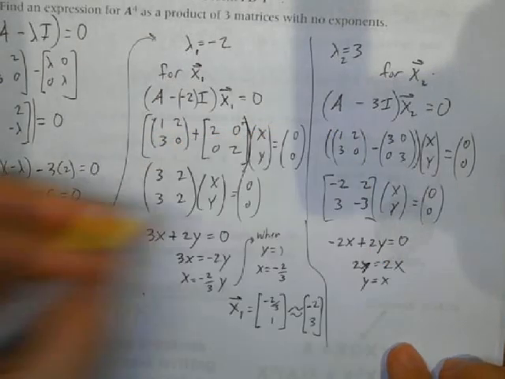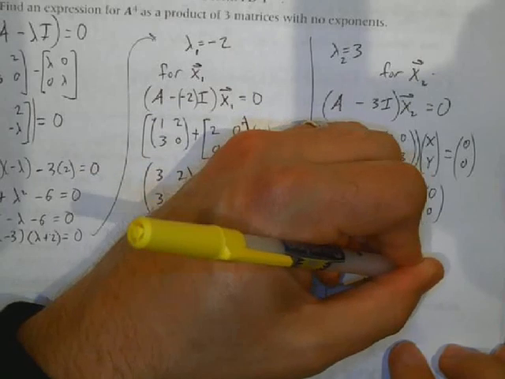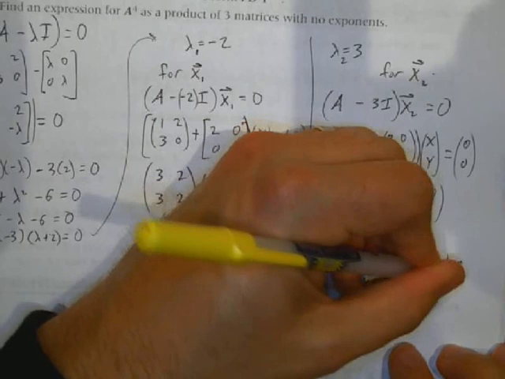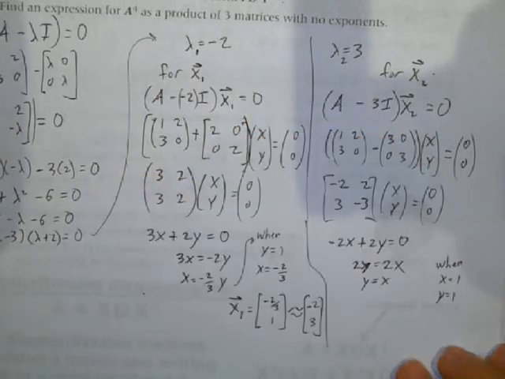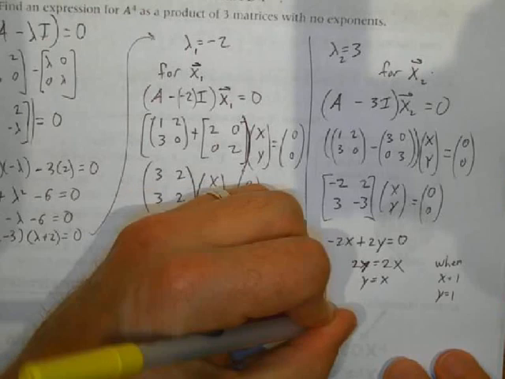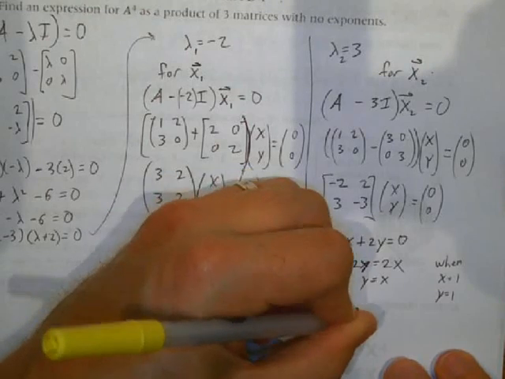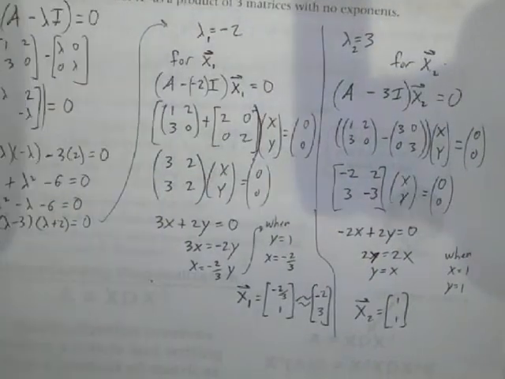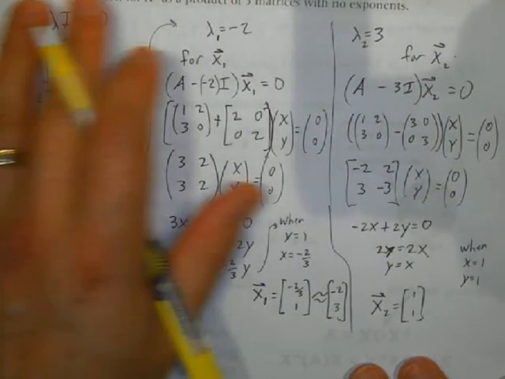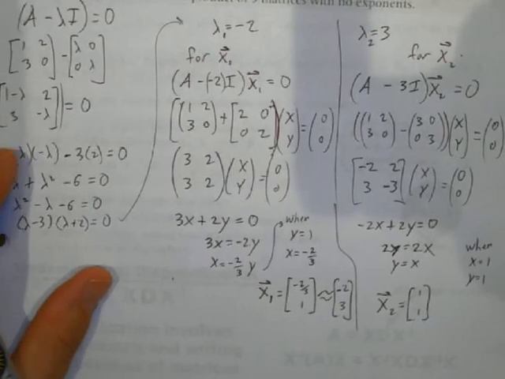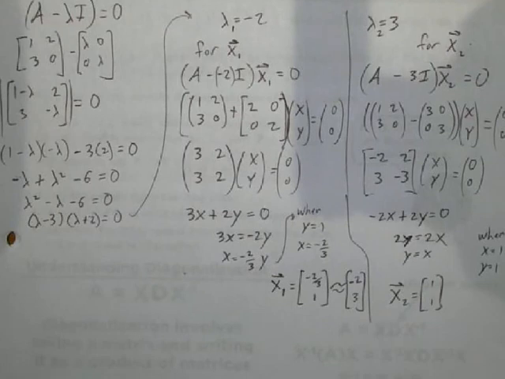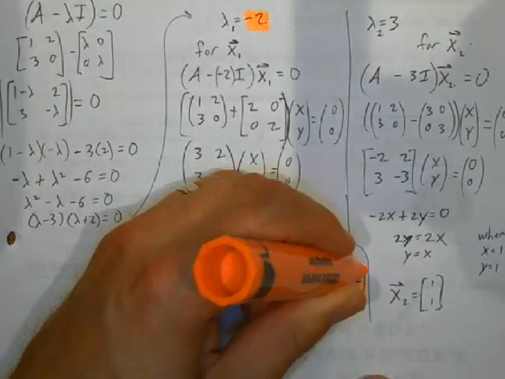So we know that when x equals 1, y equals 1. So my eigenvector is going to be 1, 1. Okay. So from this information, we know that for an eigenvalue of negative 2, we're going to use this eigenvector.